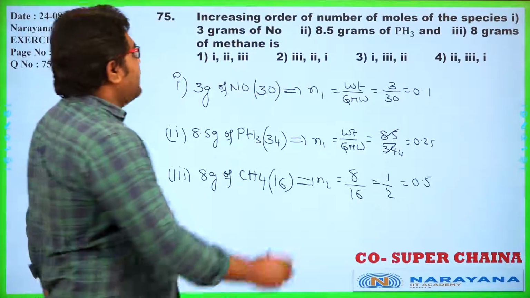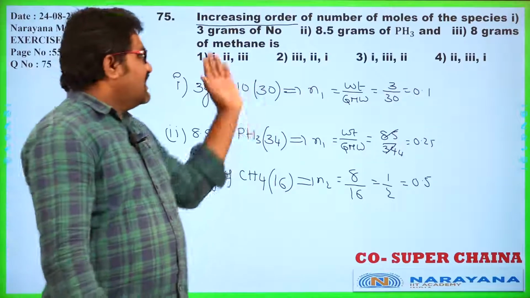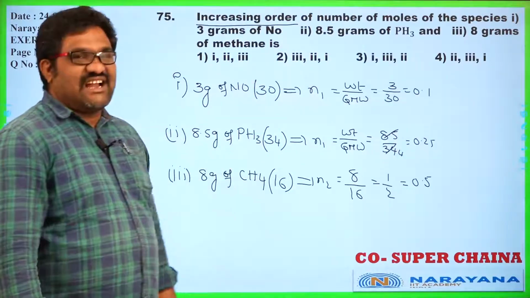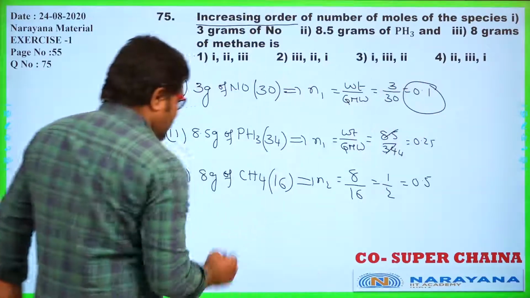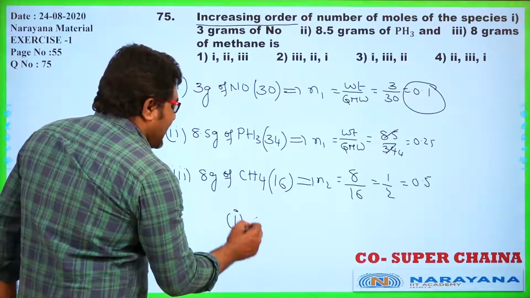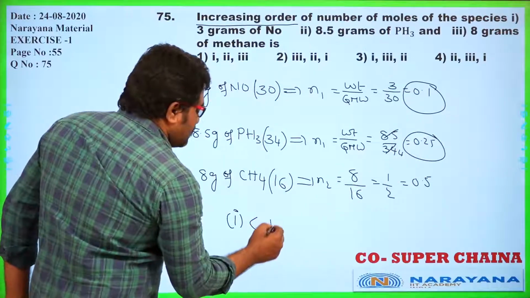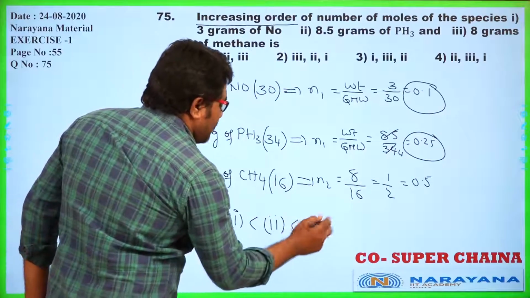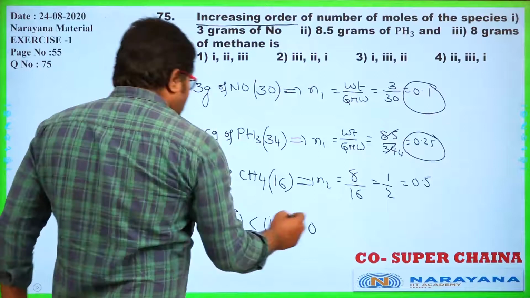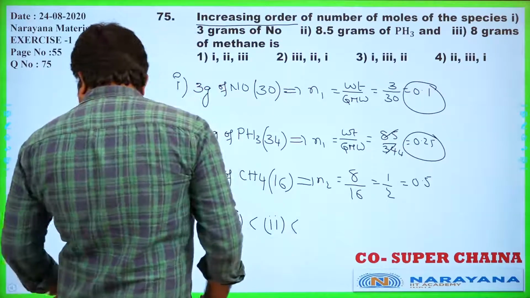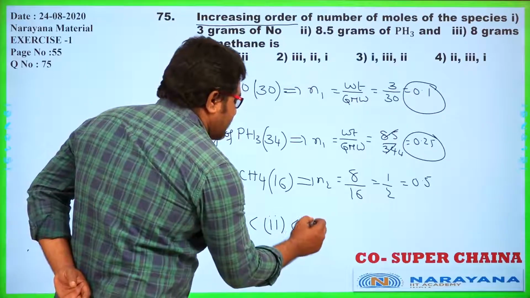So now what is he asking? Increasing order of number of moles in each of the following species. Increasing order means from lowest to highest. Among them the least value is 0.1, so 1 is less than, next 0.25, so 2 is less than 0.5, which is the highest value among those three, so I can write 3 here.